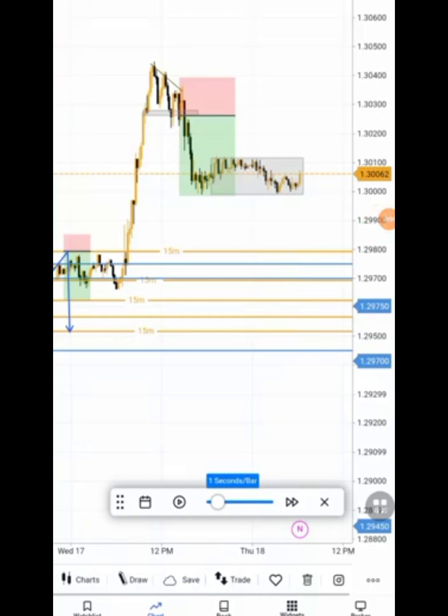Even as this one has already played out, we are not going to hold and wait for this trade. We are going to use that box trading concept to trade it. In the concept of box trading, you wait for any candle that first breaks off this box, either upside or downside.